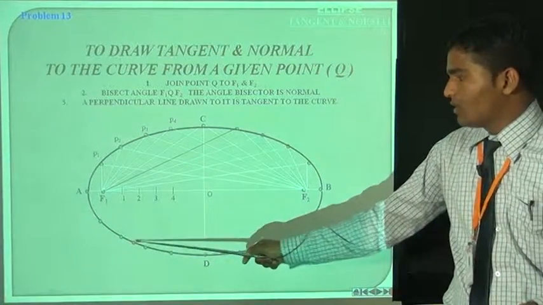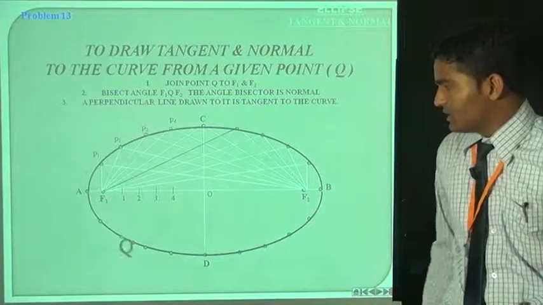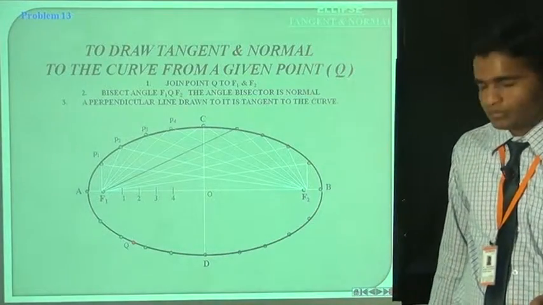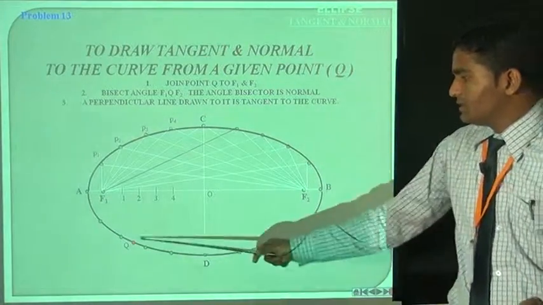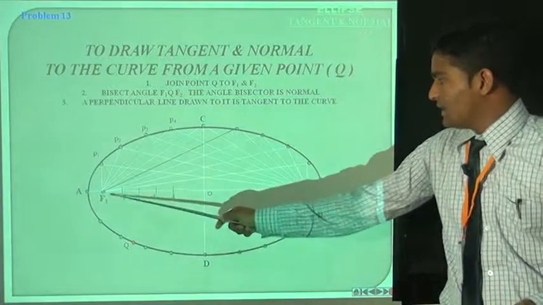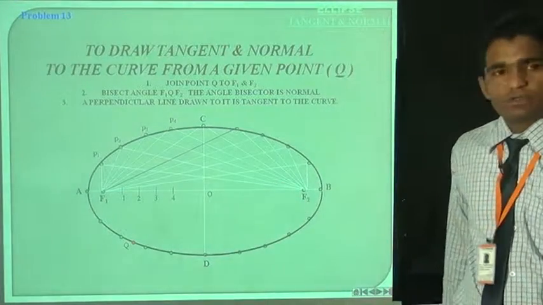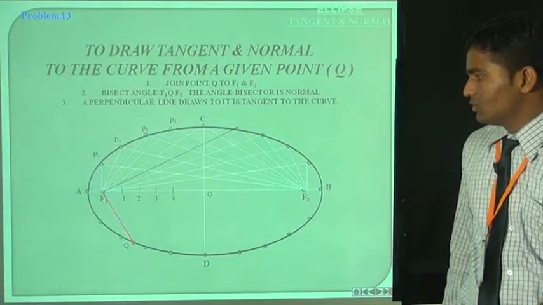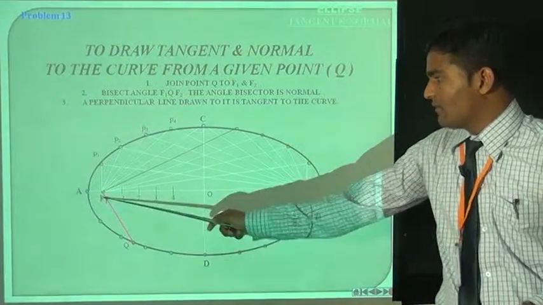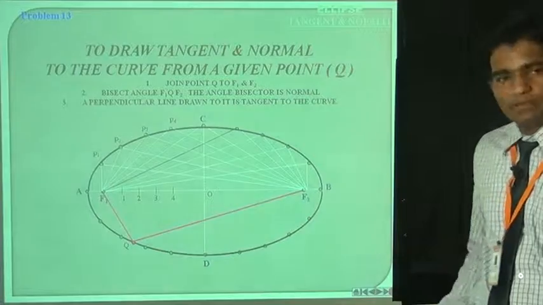So first of all mark the point on the ellipse and give it the name Q. Now join this point to F1 and F2 by straight lines. So let's do like that. Q to F1 and Q to F2.